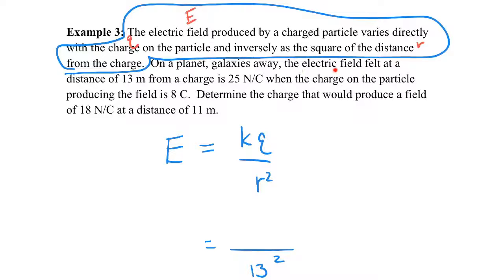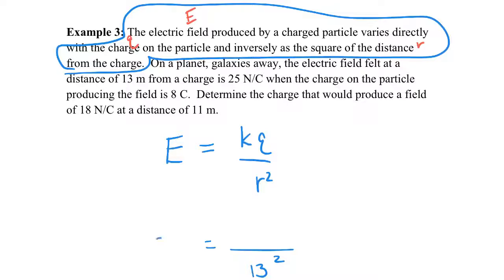The electric field felt at a distance of 13 meters from a charge is 25 newtons per coulomb. Who cares about the units? You guys have no idea. You've never seen these units before, right? Newton you've heard of. Coulomb you've never heard of right now. But it doesn't matter what the units are for this problem. Okay, don't worry about them. Just figure out what the problem is asking you. So again, the electric field felt at this distance from the charge is this.